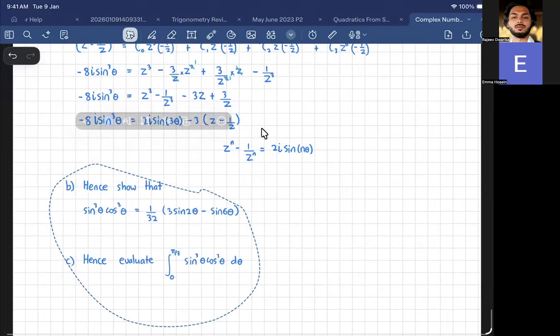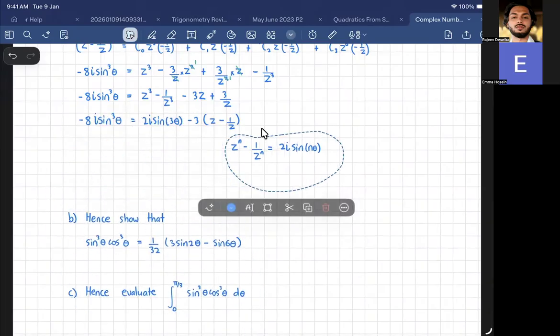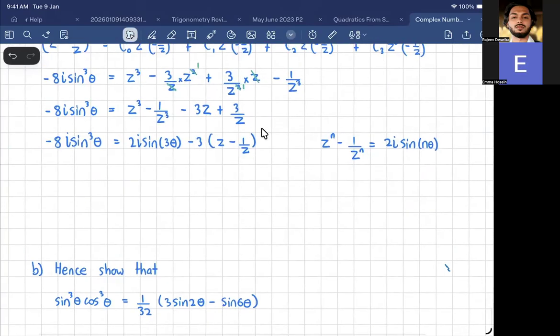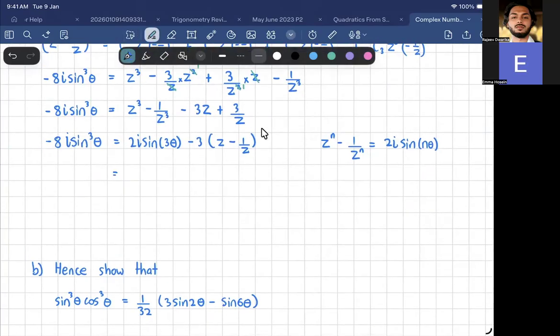And what is z minus 1 over z? 2i sine theta.